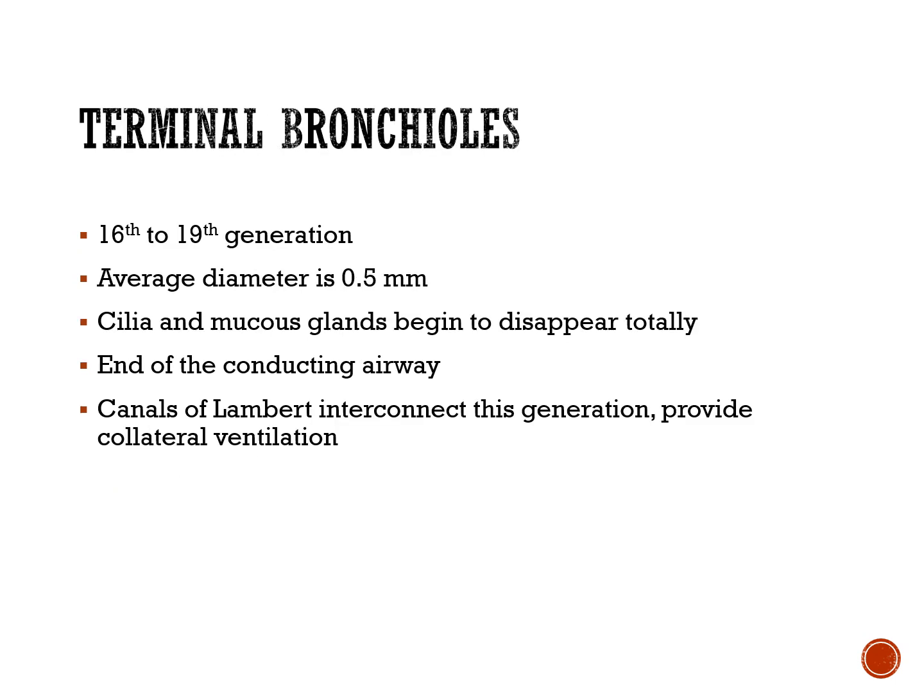Terminal bronchioles are from the 16th to 19th generation. The average diameter is 0.5 millimeter, and cilia and mucous glands begin to disappear completely. Terminal bronchioles are considered the end of the conducting airways. There are interconnecting canals of Lambert that connect this generation of airways to provide collateral ventilation.